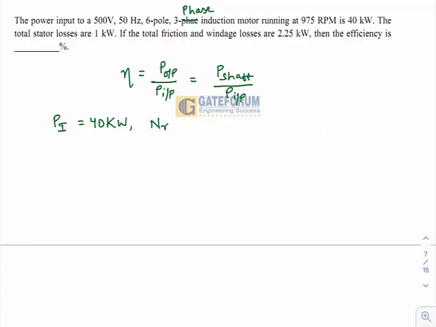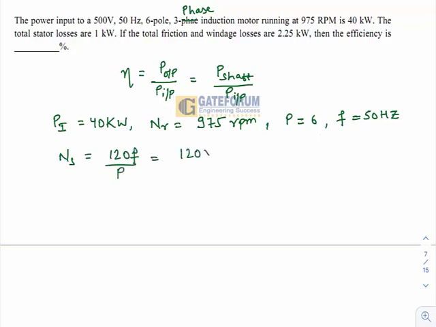Nr is given to you as 975 rpm, the speed of induction motor. ठीक है. The number of poles given to you is 6 and frequency is 50 Hz. So you can easily find the slip. First you have to find the synchronous speed. The synchronous speed is 120 f by P. So 120 into 50 by 6, this would come out to be 1000 rpm.